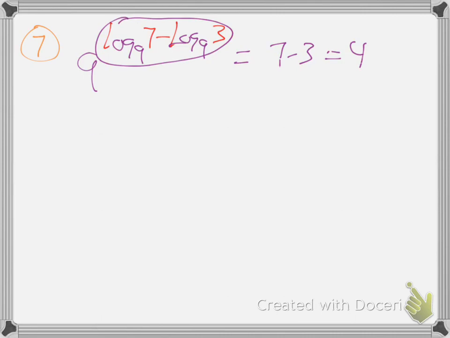Leave that 9 as it is. How can I make these 2 become a single log so I could cancel it? So what do the properties say? Subtraction, an easy job for 2 people, with the same base, log base 9, becomes a harder job for 1 person: 7/3, division.